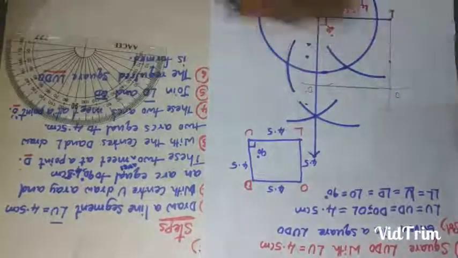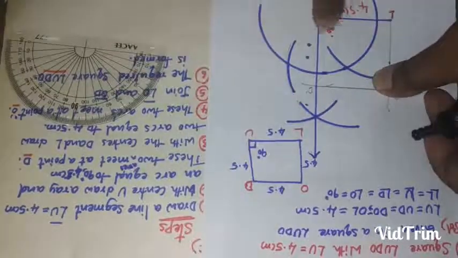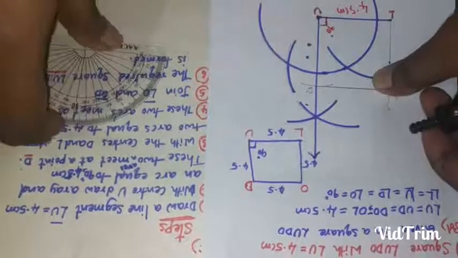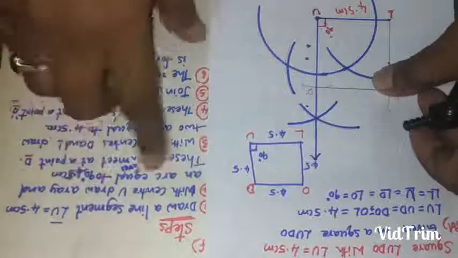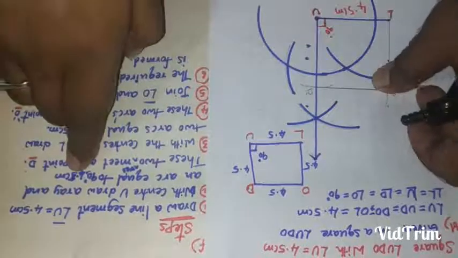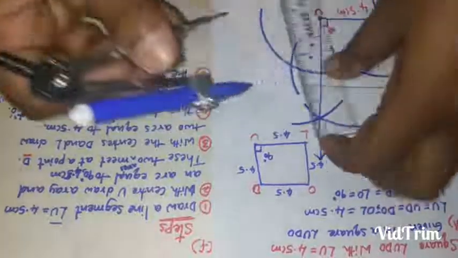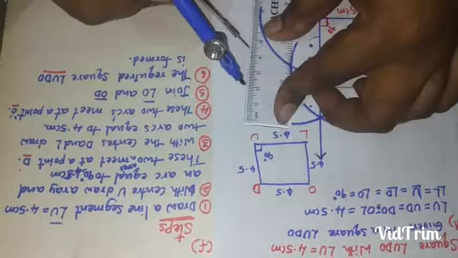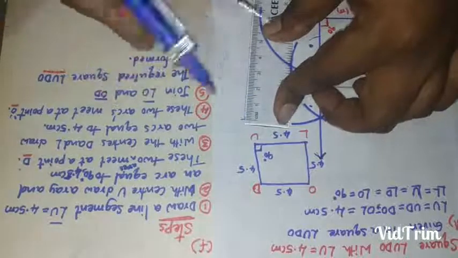Now what's the next point? What should we do? We should draw an arc of how many centimeters? 4.5. Now only with center U we have drawn a ray. Now we should draw an arc equal to how many centimeters? 4.5 centimeters. See, one point on 4.5, other point on 0.